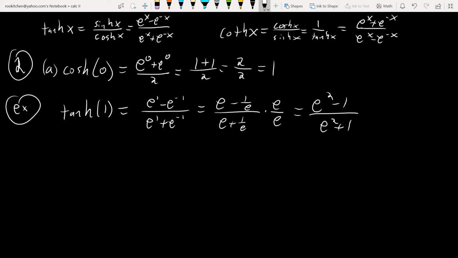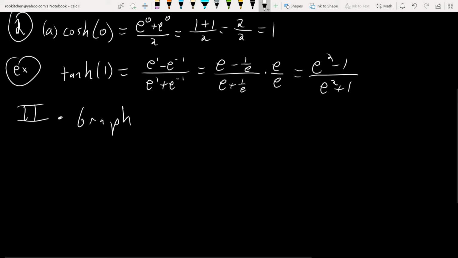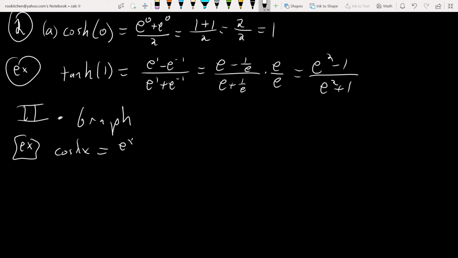Another thing: once you get this, you could always figure out the graphs by doing a plotting table. For example, if I wanted to graph cosh, let's take a look at that example. You could go back to the original definition, e to the x plus e to the negative x over 2, and maybe it's easier to rewrite that as 1/2 e to the x plus 1/2 e to the negative x.